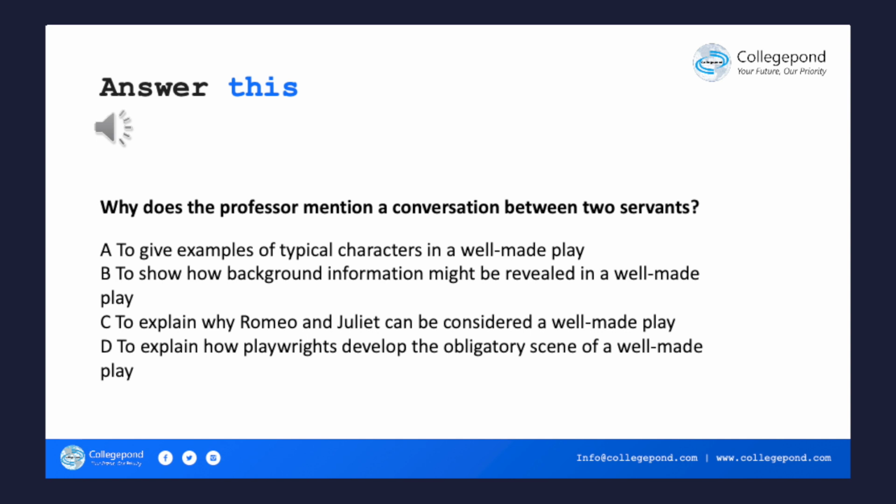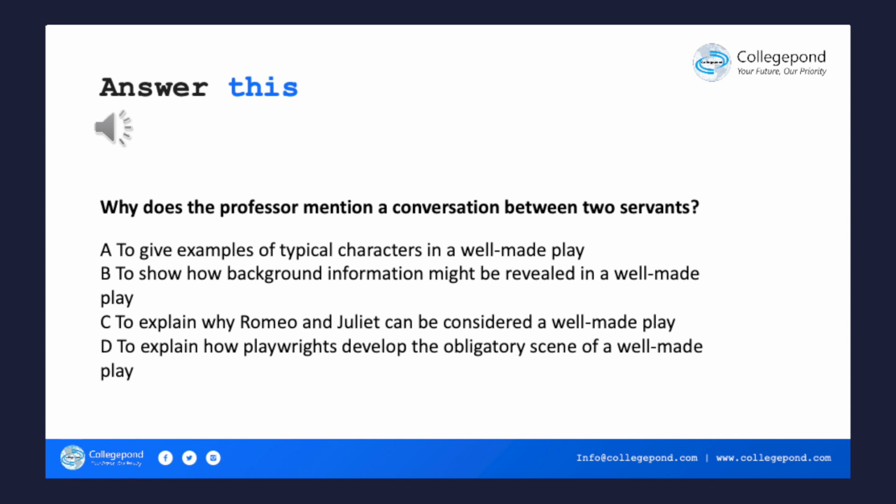Someone might walk out on a stage and say, "In fair Verona, where we lay our scene," and then tell all about the feuding families of Romeo and Juliet. But for the well-made play, even the exposition had to be logical, believable.